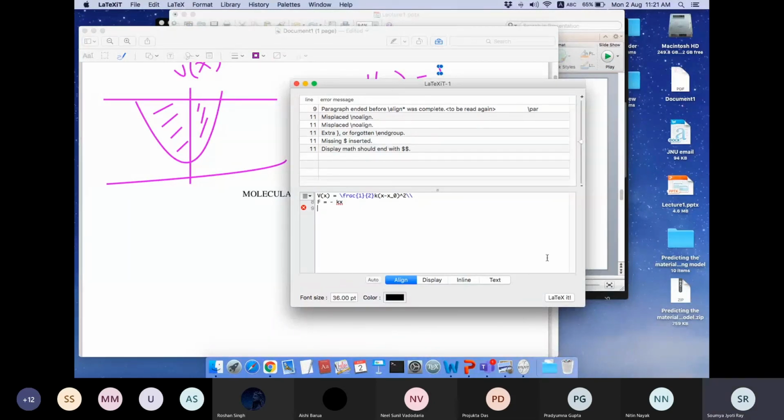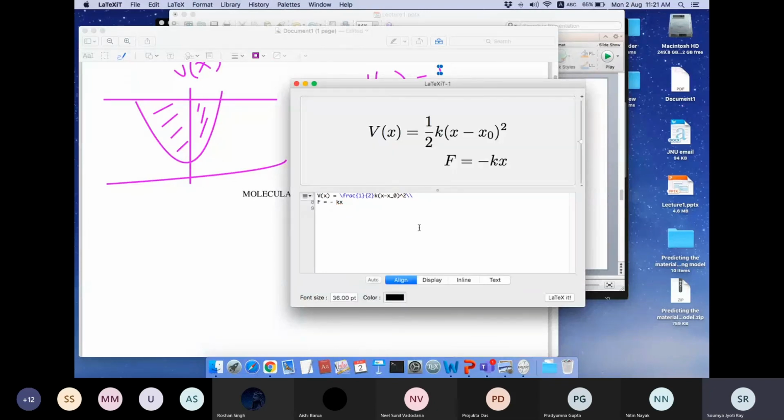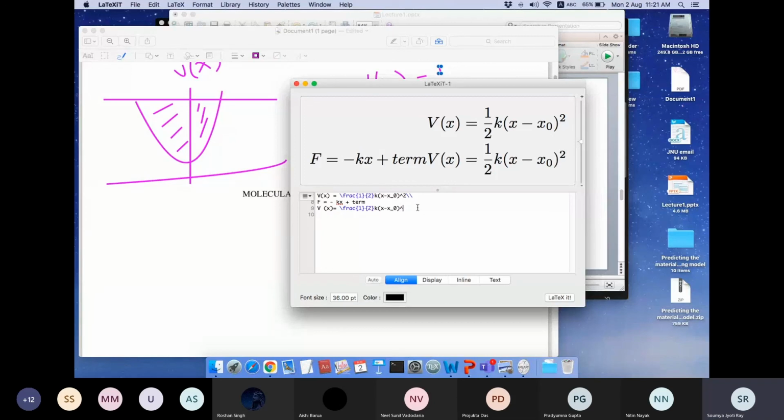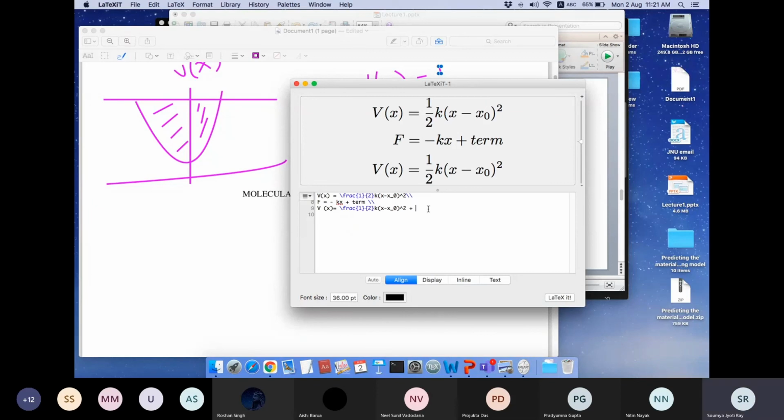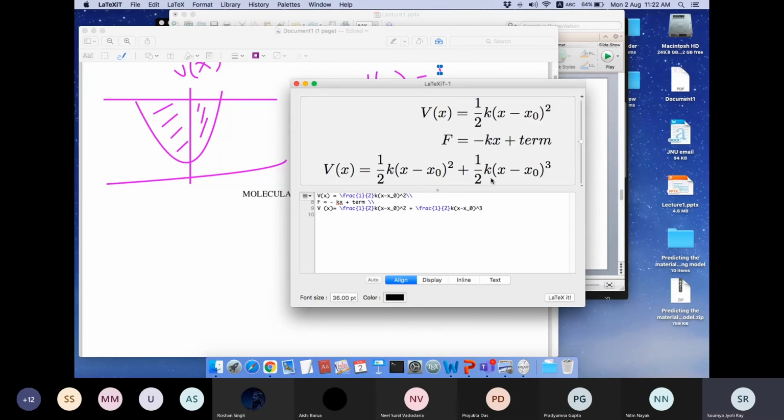If my force is not exactly minus kx but some other term which is higher order than x, then my V will also take a form other than this. So if I copy and paste it, I will have a potential which will have another term, something like a cube term. You understood what I'm saying?